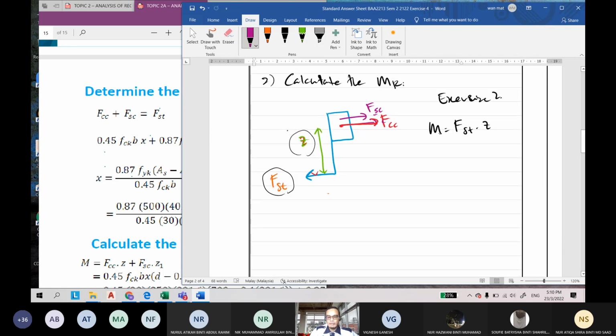So we take the bending moment from the forces here up to here.